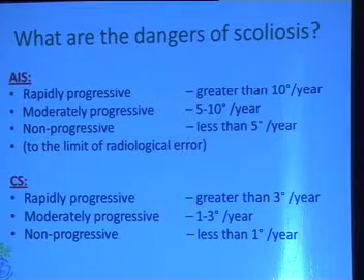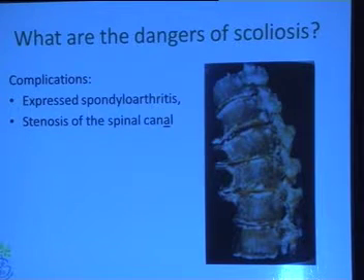Different approaches for congenital deformity: rapidly progressive is more than 3 degrees per year, and non-progressive is less than 1 degree per year.